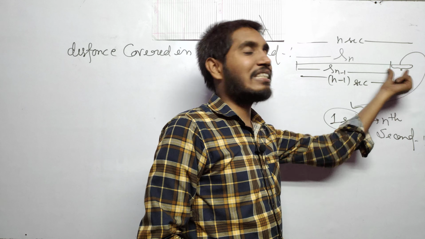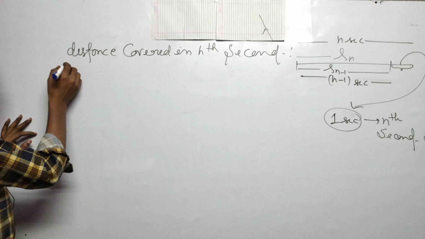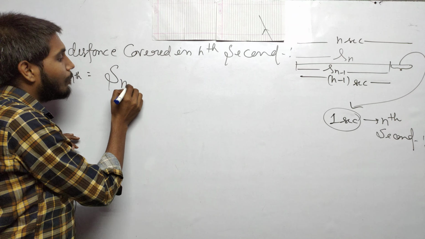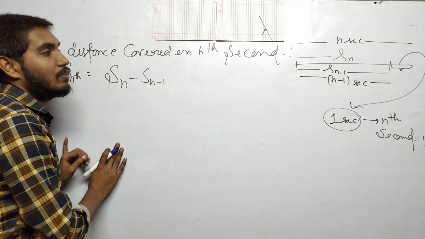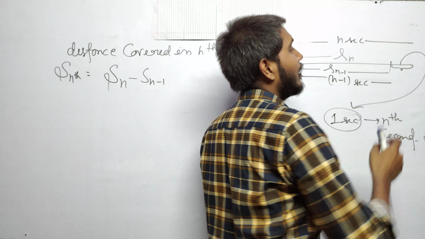Now we want to find out this distance. So let's see. That nth second distance will be obtained by Sn minus Sn-1. When I subtract this distance from this, then we will get this.